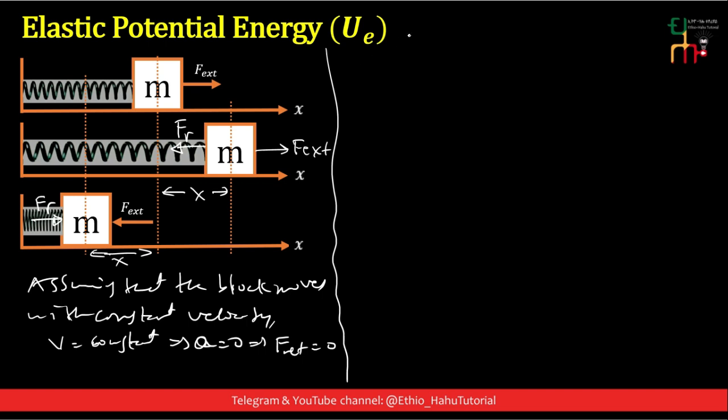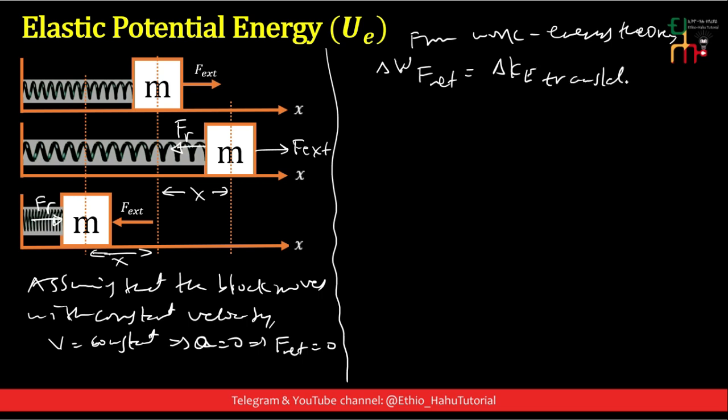But from the work energy theorem, work done by the net force is equal to the change in translational kinetic energy. Work done by the net force means work done by the external force plus work done by the restoring force is equal to the change in translational kinetic energy.